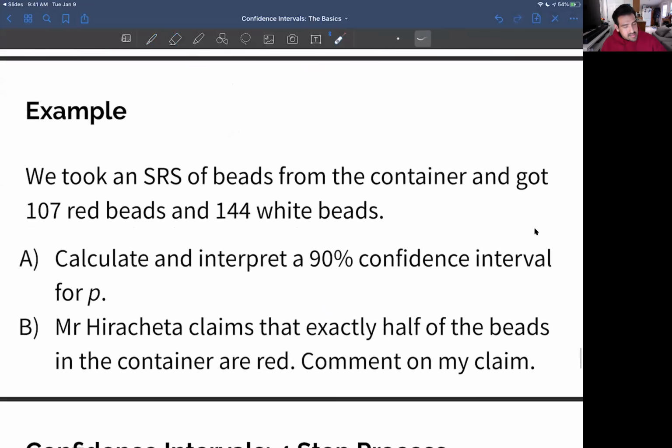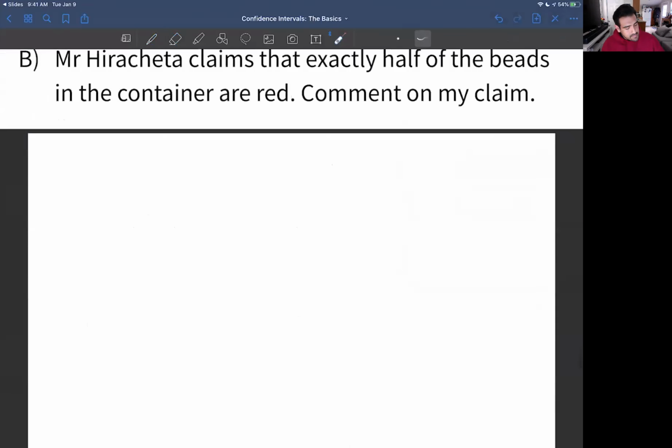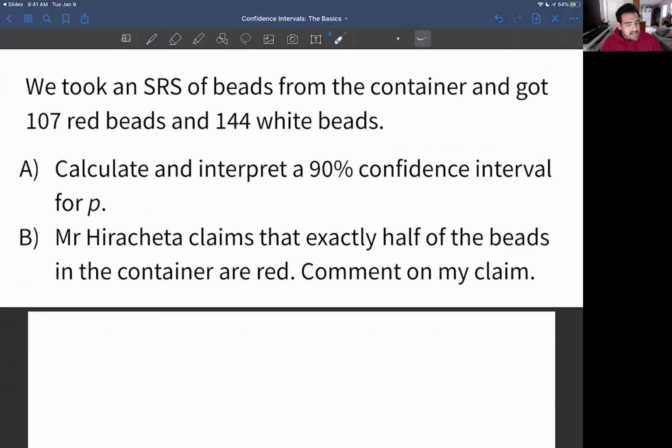So let's do that example from earlier. We took an SRS of beads from the container and got 107 red beads and 144 white beads. Calculate and interpret a 90% confidence interval for the true population proportion. So let's start there.